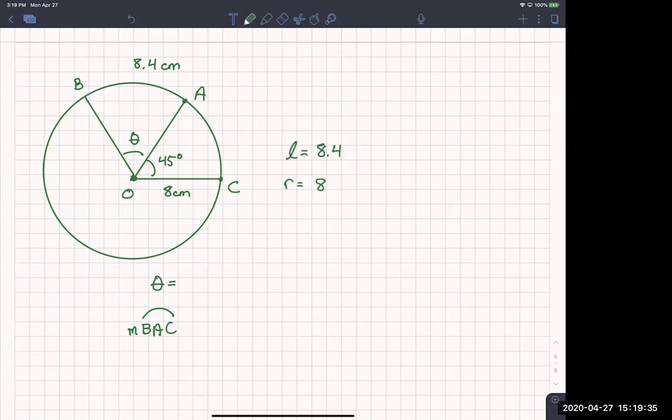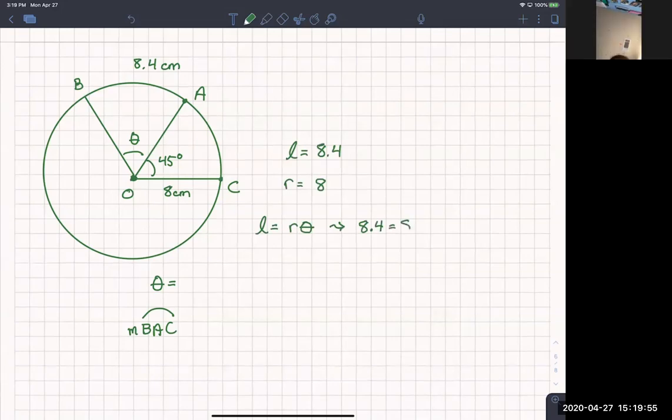Now, remember the formula. Length equals the radius times the angle that we're looking for, but the angle will be given to us in radians. So plug it in. 8.4 equals 8 times theta.